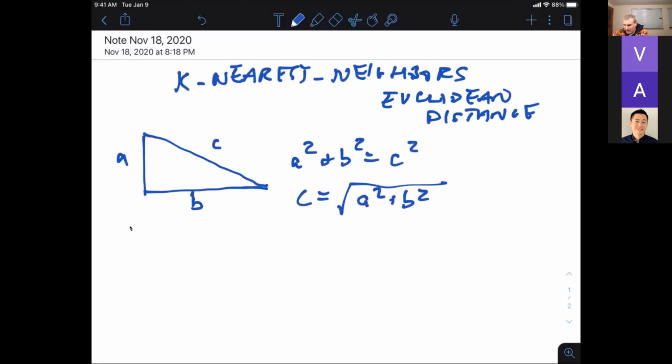And so it turns out that as you go up in dimensions, like if this is your X and that's your Y, and then this is a Z axis, so three-dimensional, you can calculate the distance between 2 points using the same general formula.